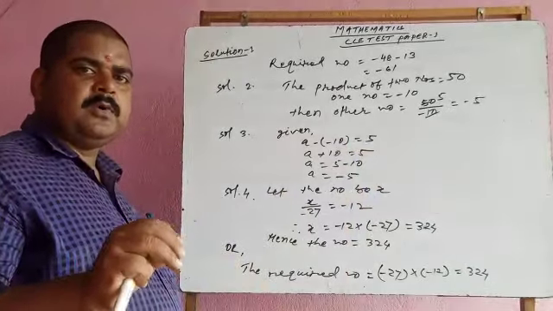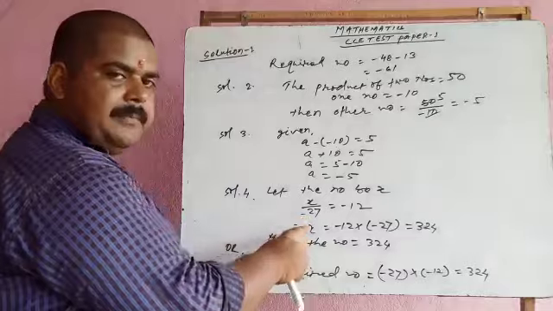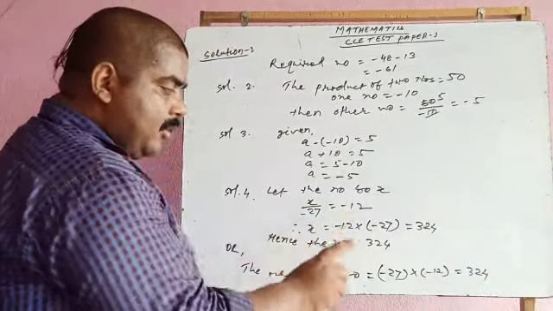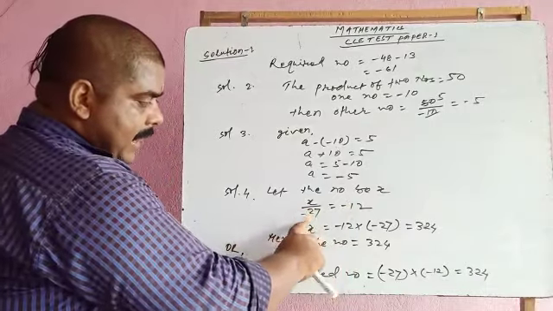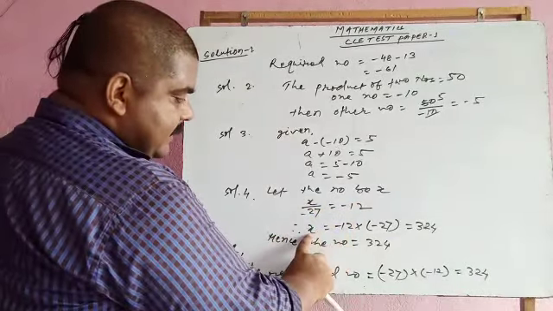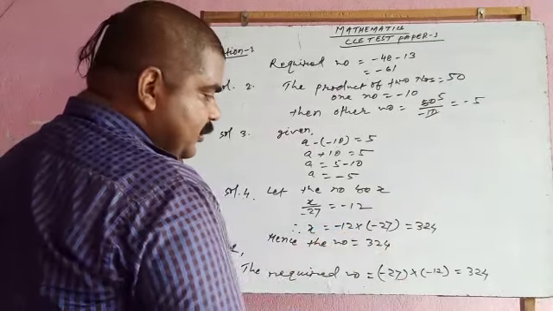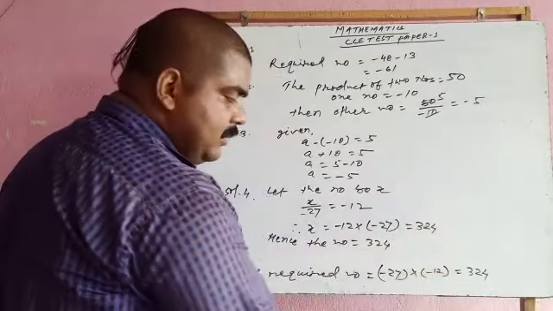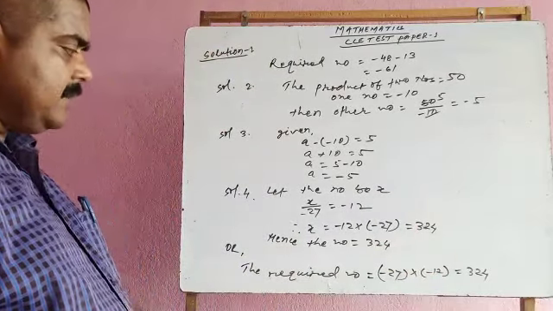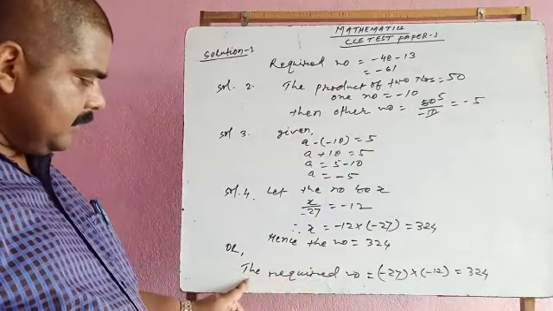When this number is divided by minus 27, then it is equal to minus 12 according to the question, and by cross multiplying, you get x is equal to minus 12 into minus 27, which is equal to 324.